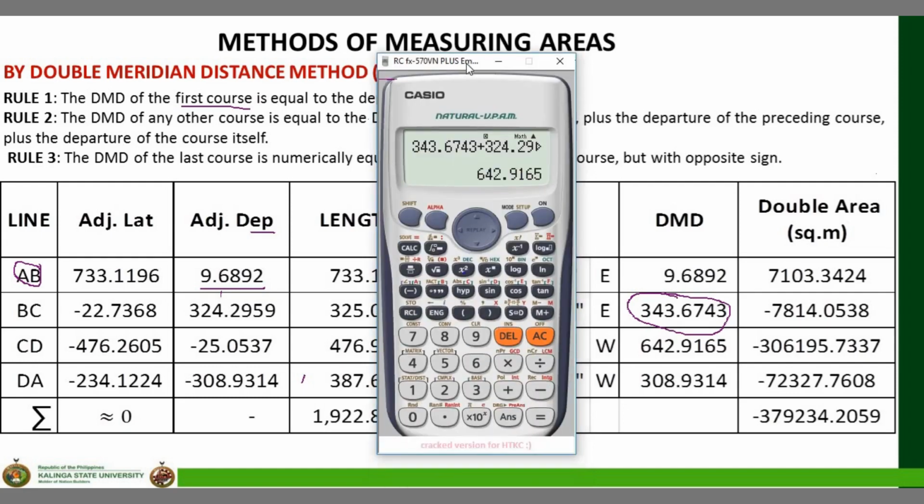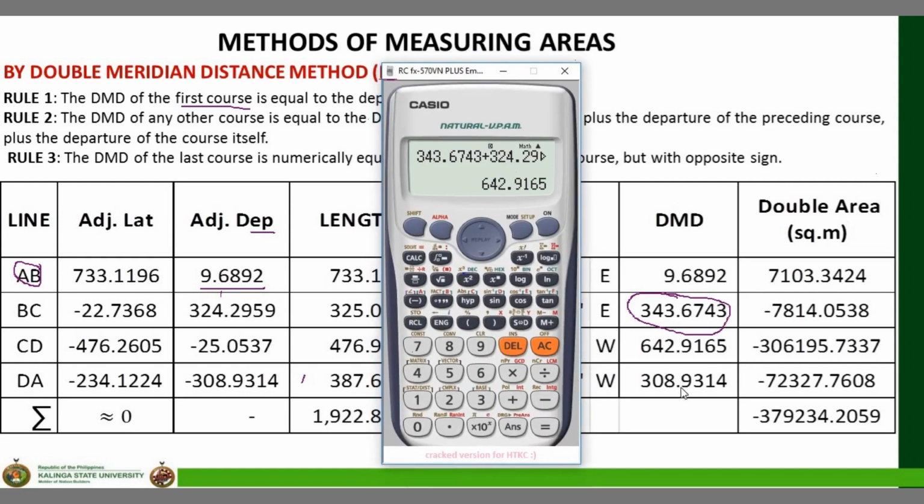Now, to double check your answer, let's apply rule 2 kay DA. If we try to add 642.9165 minus 25.0537 minus 308.9314.